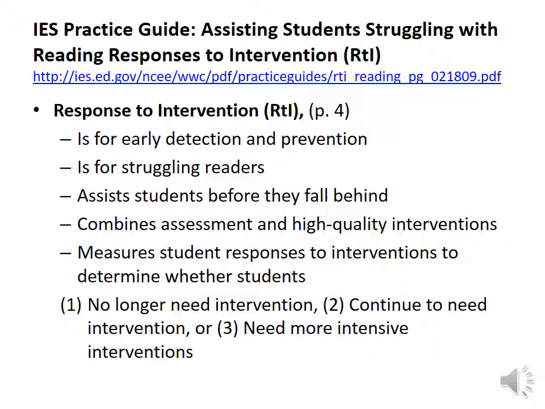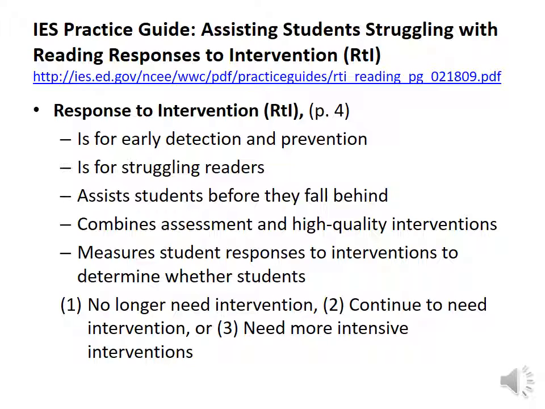These practice guides, as I've mentioned before, and hopefully you've already noticed, are very teacher-friendly, very interesting, and they do a good job of showing you how to implement some of their ideas and strategies rather than just telling you what to do. The website for accessing the guides is at the top of your slides.